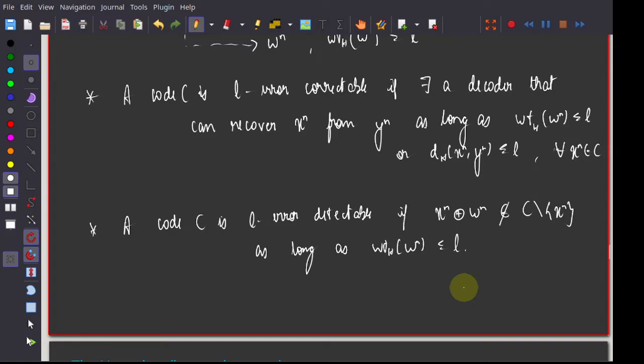So basically, if the error detection capability is more than the Hamming distance, then that's impossible, right?